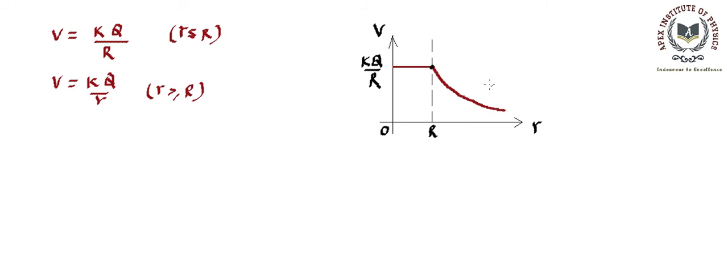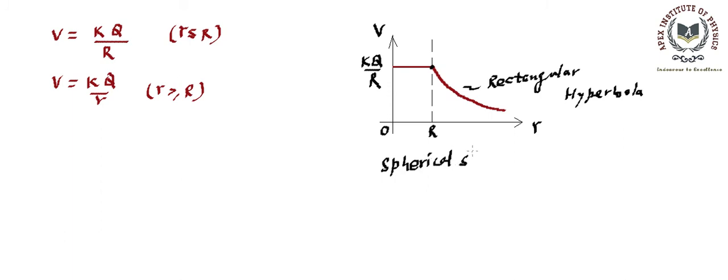The 1 upon r graph is called a rectangular hyperbola. So if somebody asks what this curve is known as, we can call it a rectangular hyperbola. And the first part, that means the inside part, we can easily see is a straight line. So this is the graph of potential of a spherical shell.